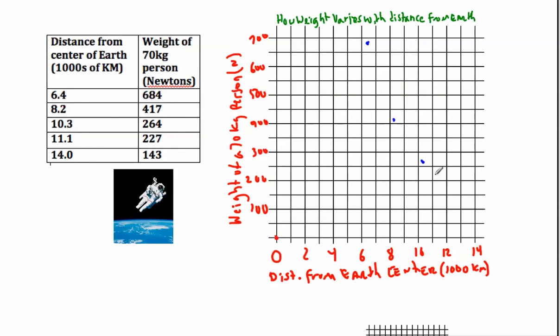And then 227 is going to be right about there. And then lastly, we need 14 and 143. And 143 is going to be right about there. All right. So we have our data points plotted, and now we need to decide what kind of best fit to put to that.